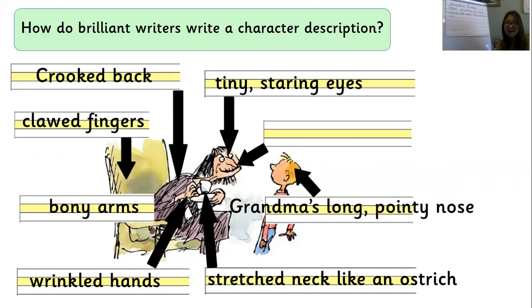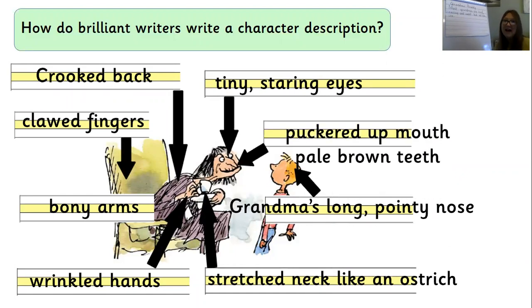That's a simile. We've looked at those before. It'd be great if you could use some of those in your work. And a puckered up mouth like a dog's bottom. Oh, I wonder if you'll use that. And pale brown teeth. These are all ideas you could use in your sentences. If you want to come back to this screen in a minute, you could use this to help you write your sentences.